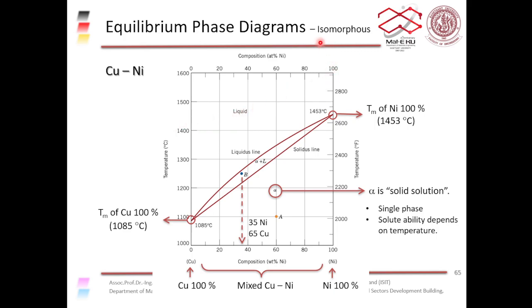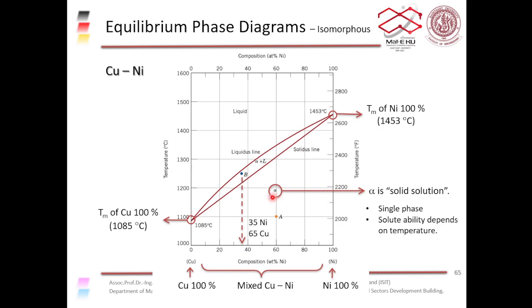Like I mentioned earlier, isomorphous usually means there's just one phase, right? Iso means the same, and morph means body or shape. So it doesn't matter how much copper or how much nickel you mix together, you end up with the same shape, the same body, or the same phase, which is the alpha phase, right? The alpha phase is the solid solution, right?